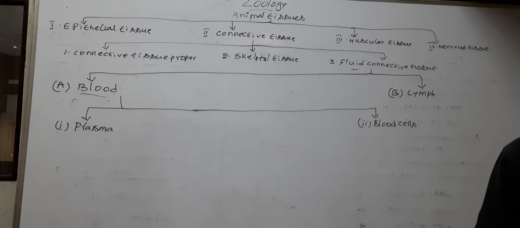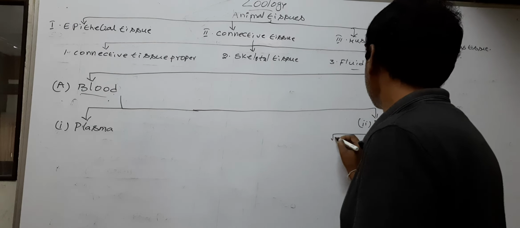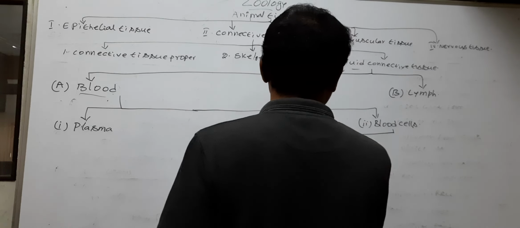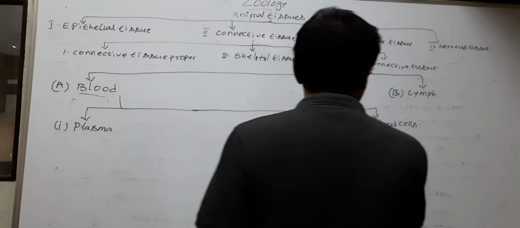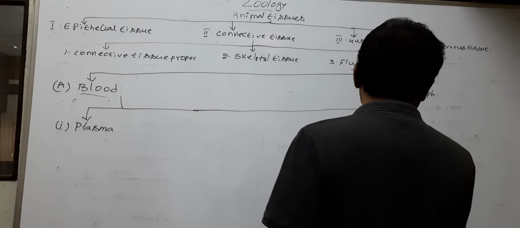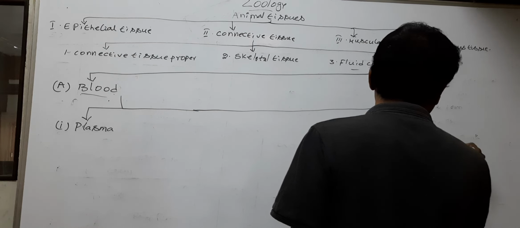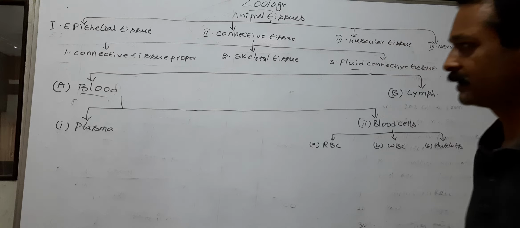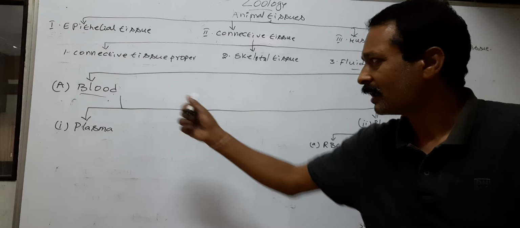Blood cells are three types: RBC, WBC, and platelets. So these are the parts of blood.